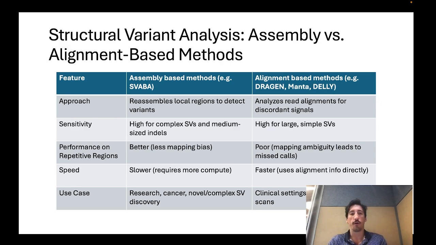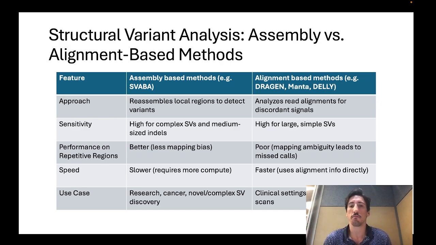However, if you have a ton of different samples, say you're analyzing a patient cohort of 200 matched tumor-normal samples, SvABA may not be the best approach. You may want to use a quicker and less compute-intensive tool like Dragon or Manta or Delly to perform these kind of clinical large cohort structural variant scans.